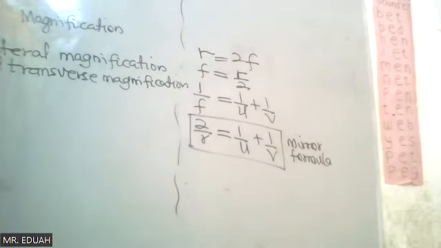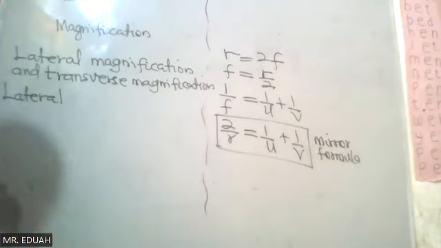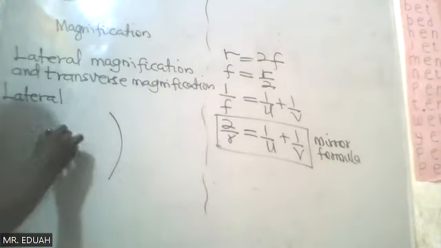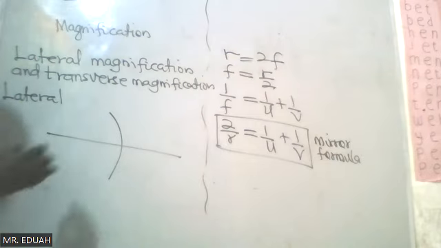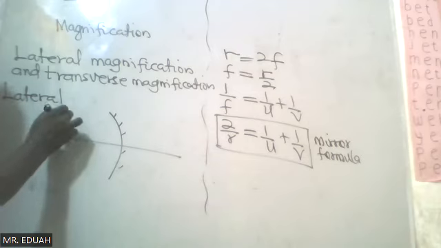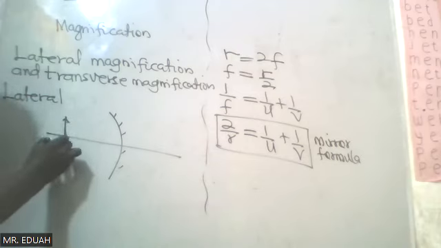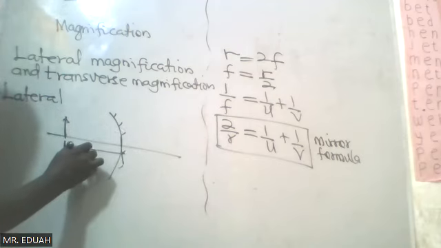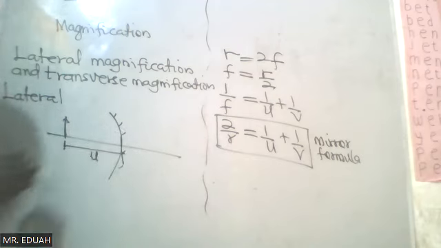When we talk about lateral, we mean side to side. So an object is in front of a mirror, whether concave or convex. This is the object, and this is the object distance, U. If the image is real, it will be inverted.